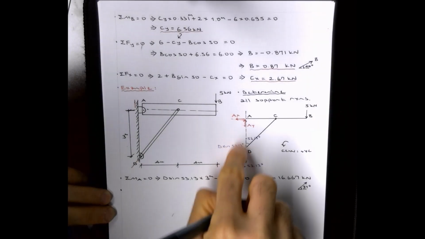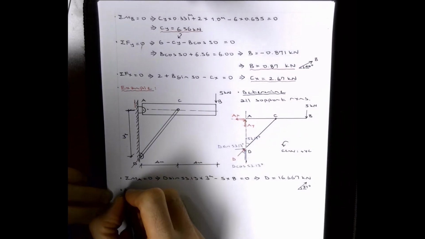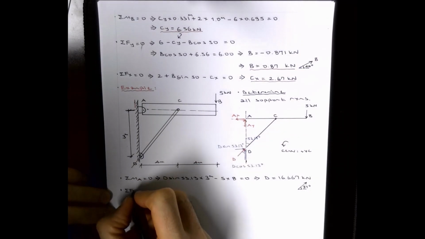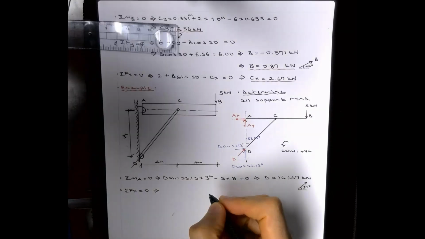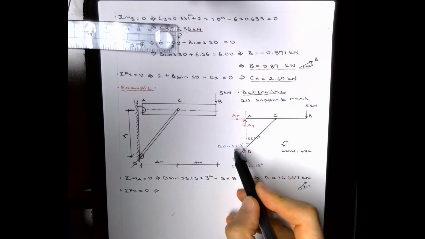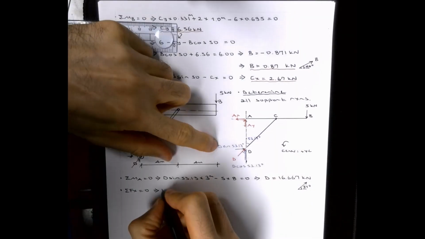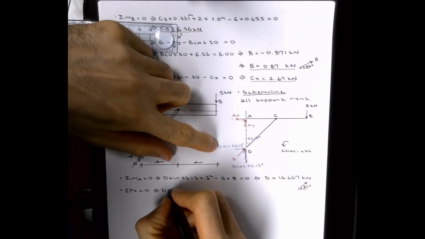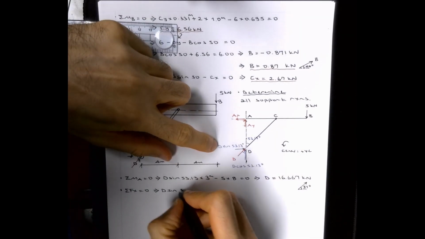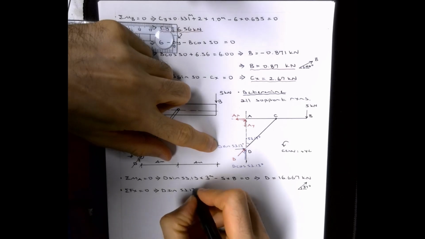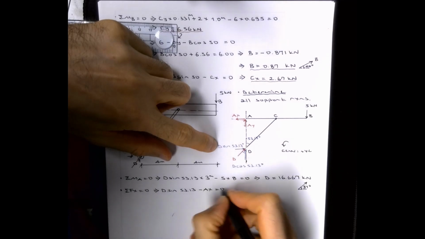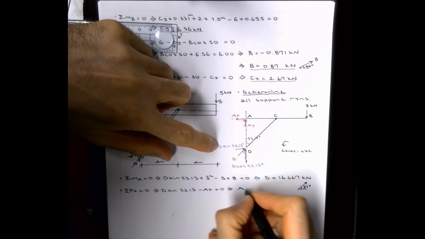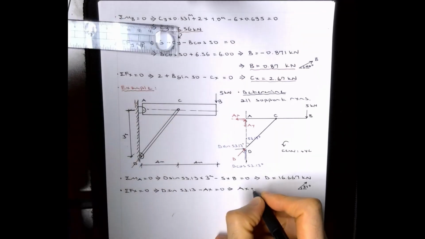If I do horizontal, I'm going to get AX. Which is positive. This is positive. D sine, it's again the same term. Yeah, see, we are using the same term again. 13.33, that is positive, minus AX equal to 0.